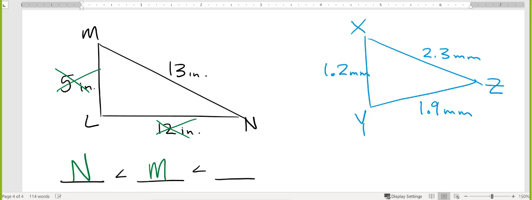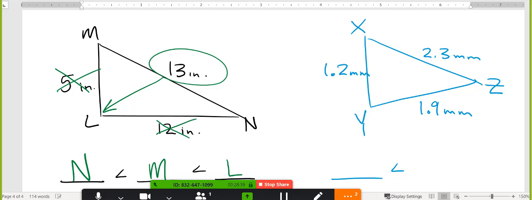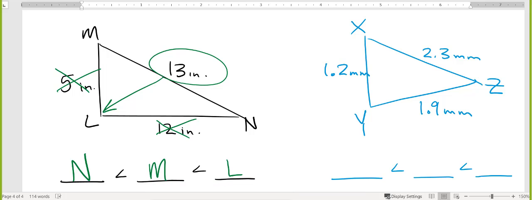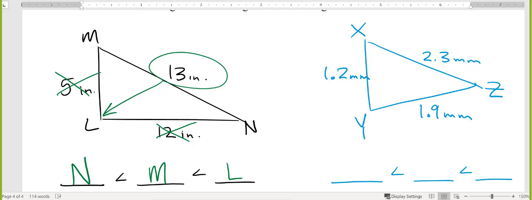The biggest side was 13 inches. That was the longest. The angle opposite that side was angle L. Angle L is the largest angle. Now you go do the blue triangle. Put the angles in the right order from least to greatest.